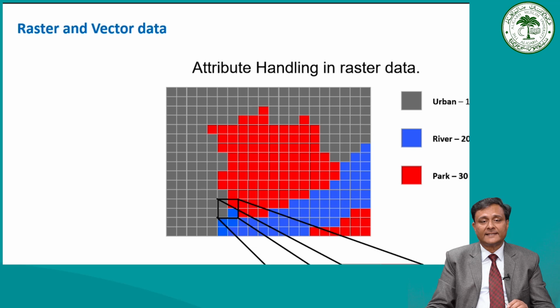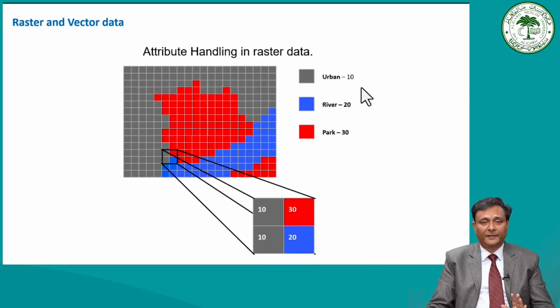But when we assign them the value of 10, 20, 30 or any digital number, that would be very easy for all kinds of analysis, because when we convert the feature information, attribute information into the digital number, then it is very easy to do analysis, as the system would very conveniently transform, manipulate and analyze the digital numbers, which is the inherent characteristic of the computer system. So that is what we do in representing the attribute information in raster data.